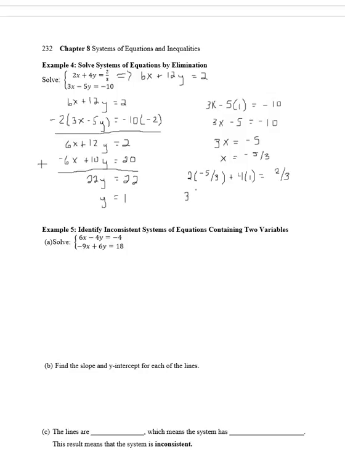So 3 times minus 5/3 minus 5 times 1 equals a negative 10, which is what it's supposed to. So both of them check out. So our answer is the point negative 5/3, comma 1.